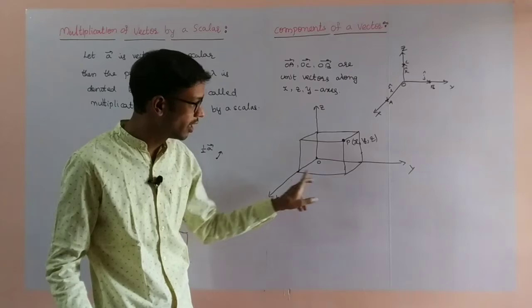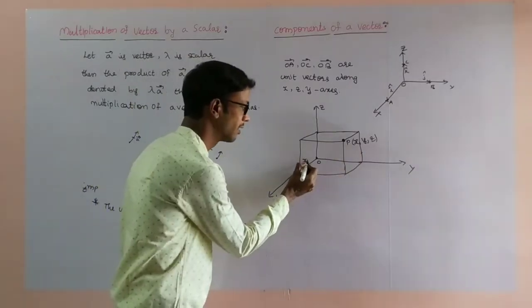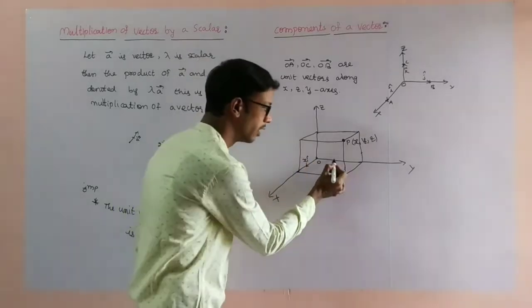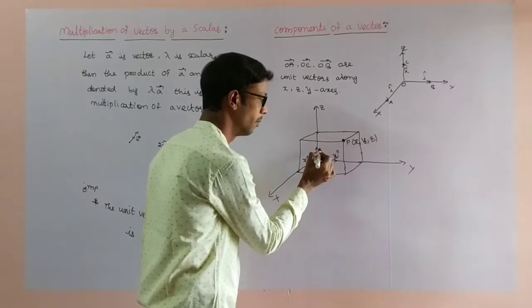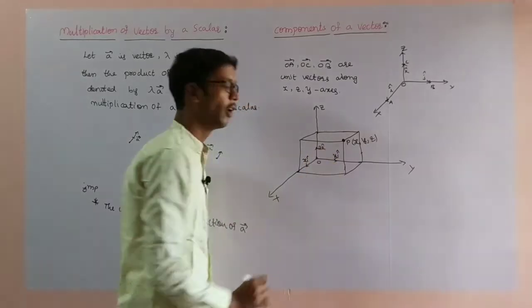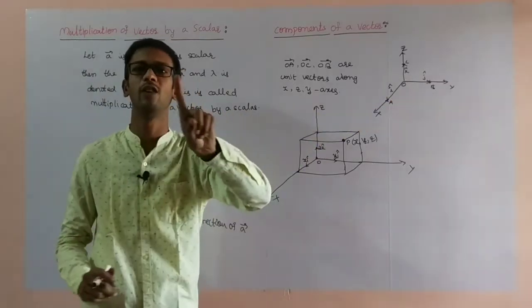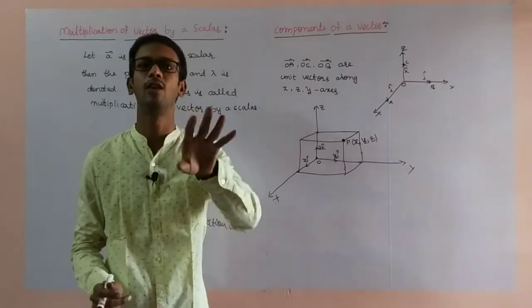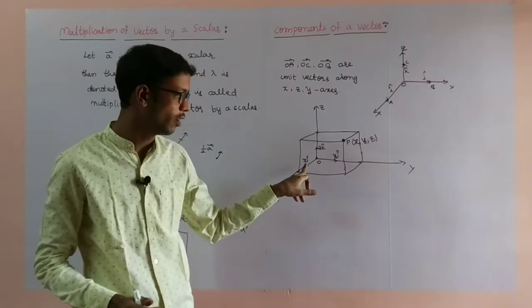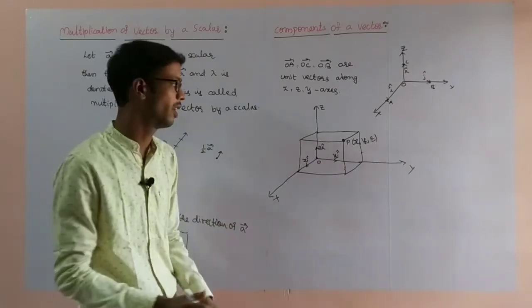How many units are there? X units, so this becomes x I cap. This becomes y j cap. This becomes z k cap. Why are we multiplying with that? Unit vectors represent one unit value: I cap, j cap, k cap. For X units, we take x I cap, y j cap and z k cap.